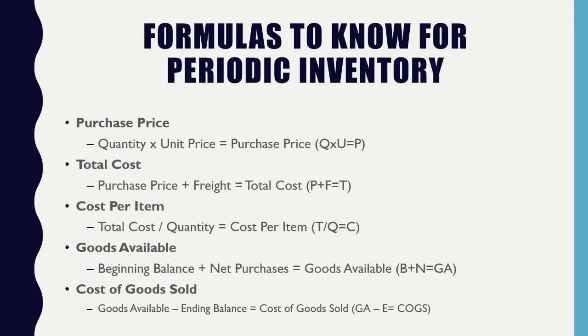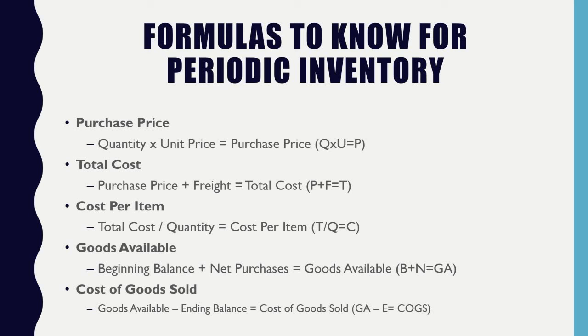You understand that? So for this class, we're only going to deal with just the product itself and just freight to get our total cost. Okay, just for this class.